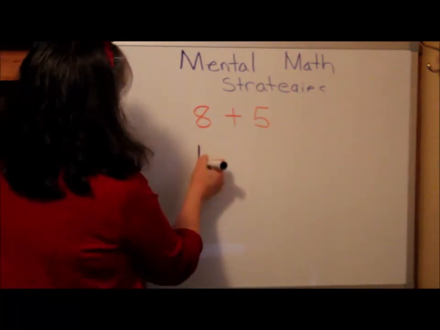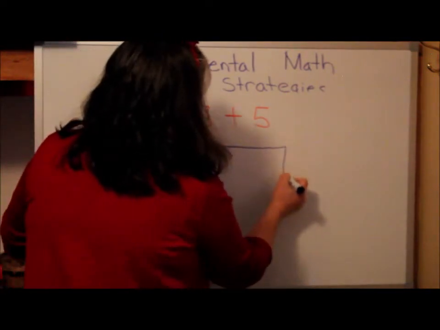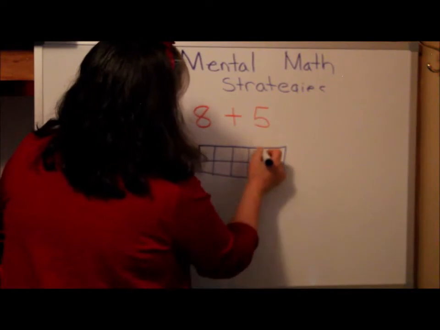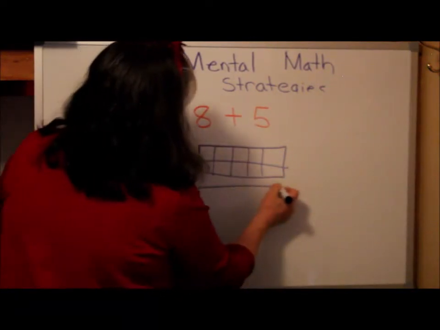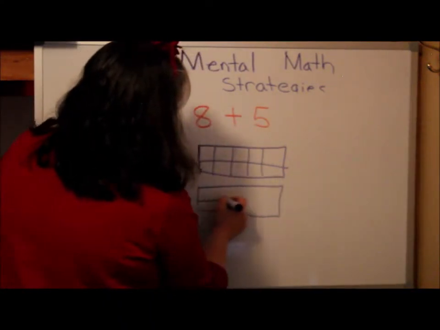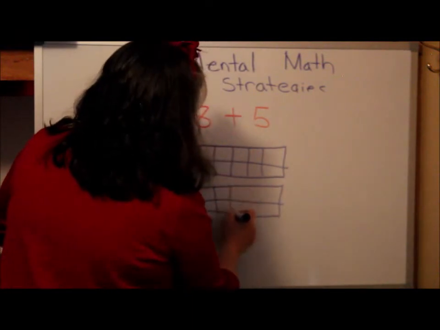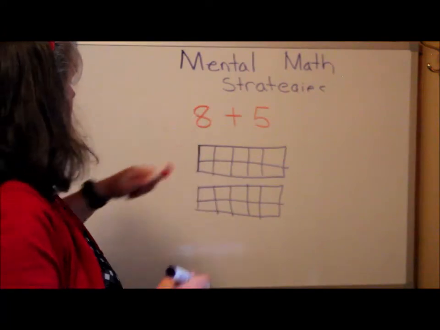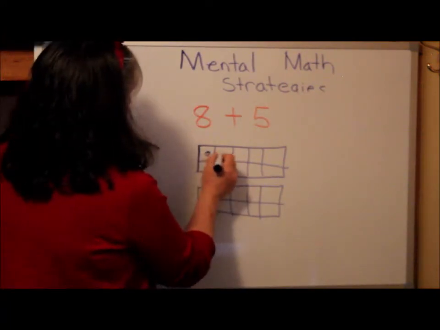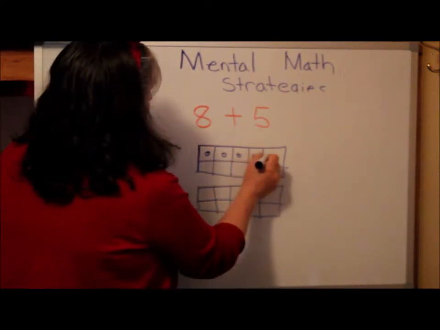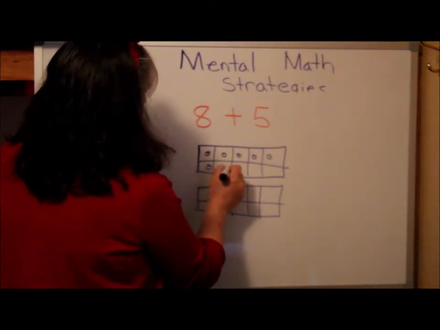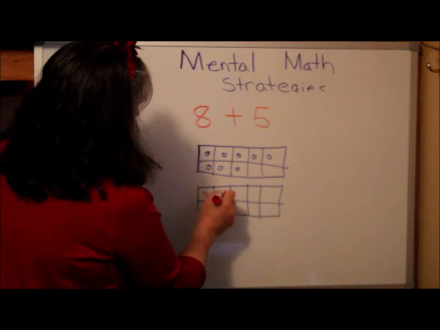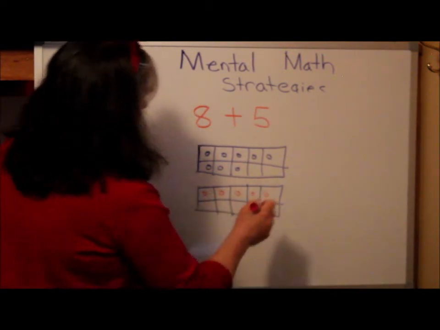So we're going to do a 10 frame, and another 10 frame. I'm going to start with my 8. 1, 2, 3, 4, 5, 6, 7, 8. And my 5 down here. 1, 2, 3, 4, 5.